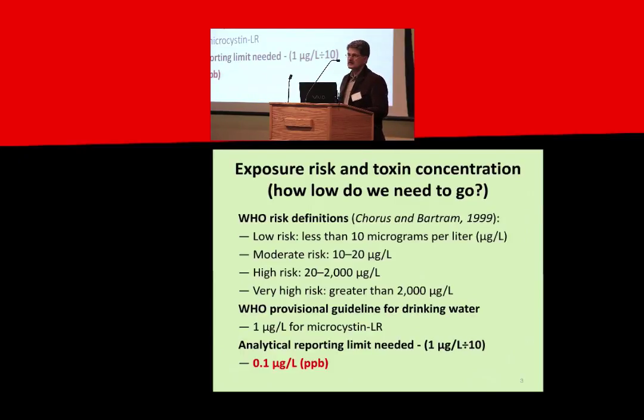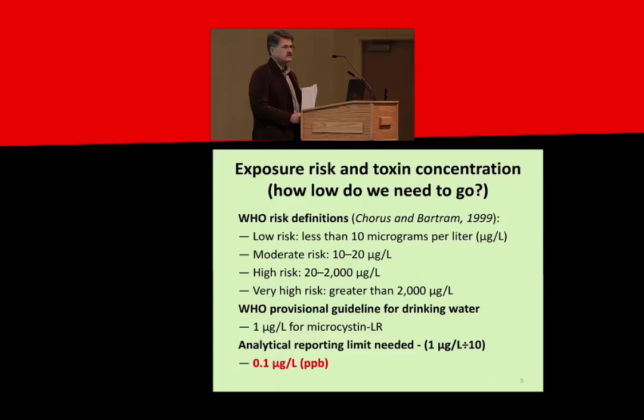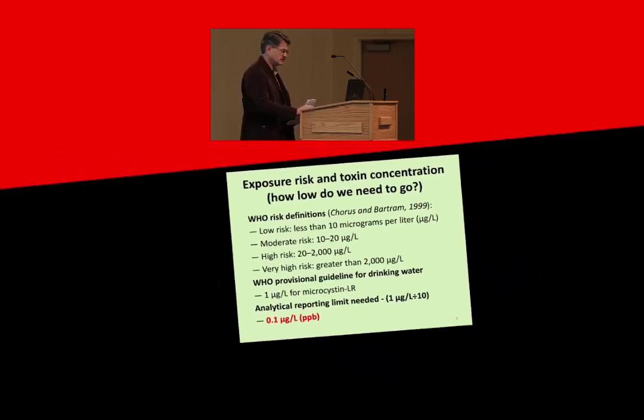And as a wildlife agency, this is what we need to shoot for, because surface water for wildlife is drinking water. And that's 1 microgram per liter. As an analytical laboratory, we really want to be able to accurately analyze and report at 10 times below whatever the health thresholds are. So we're actually looking at 1/10 of a part per billion.